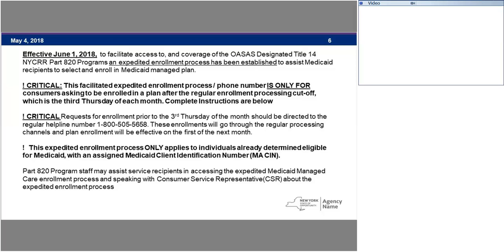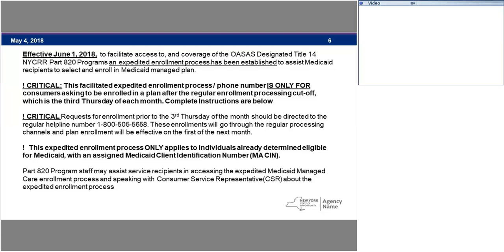Starting on June 1st of this year, for those folks in the 820 programs that qualify, we've set up an expedited process. And just so you have a level set and a baseline of what that means: on a regular basis, on the third Thursday of every month, so for the month of June that would be the 21st, a pull down happens.